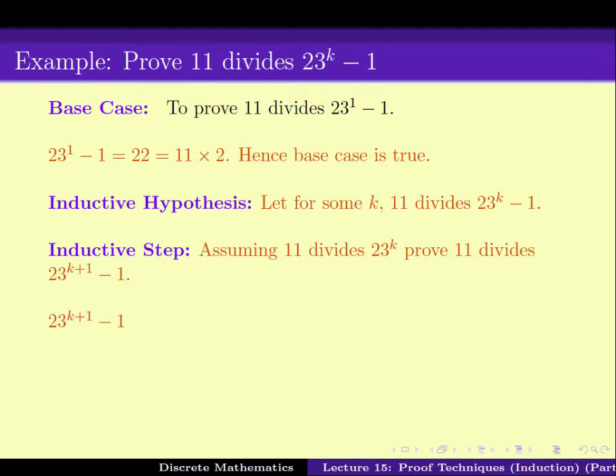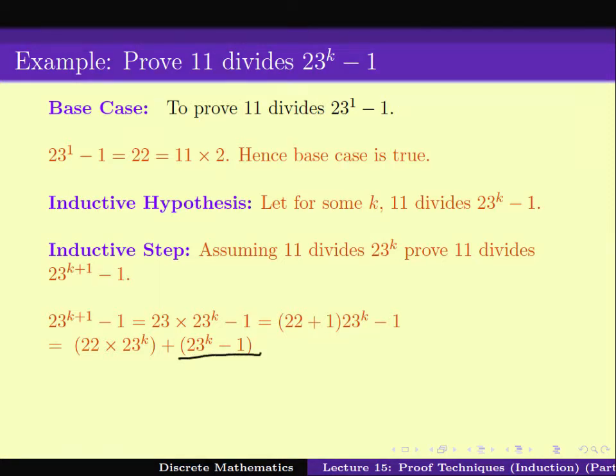So 23^(k+1) minus 1 is nothing but 23 times 23^k minus 1. If I write 23 as 22 plus 1, we get this number, which is 22 times 23^k plus 23^k minus 1. Now by the induction hypothesis, 11 divides this 23^k minus 1.